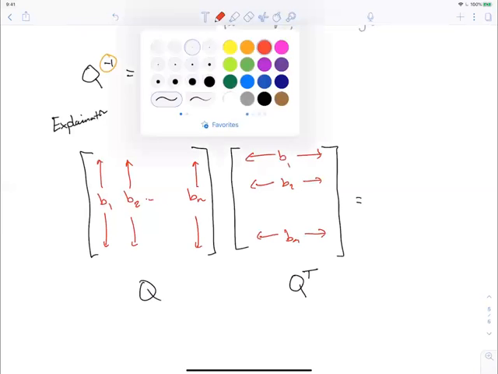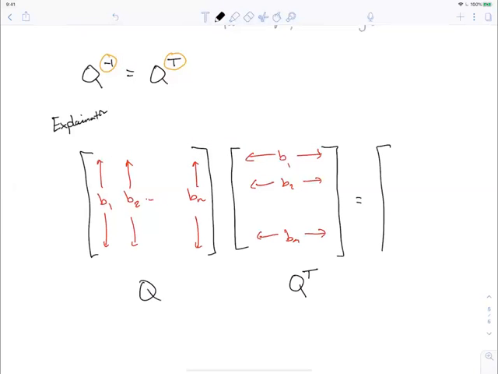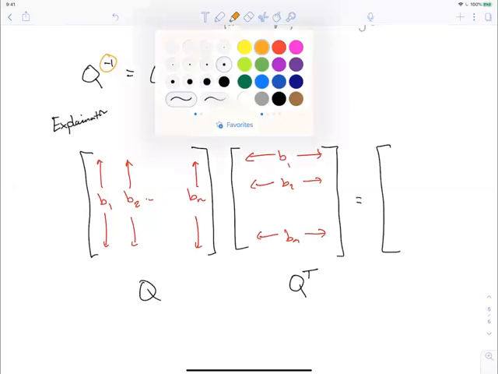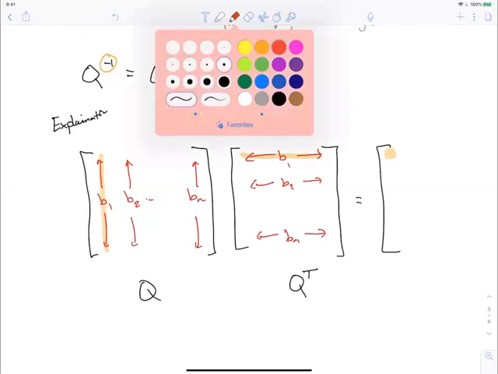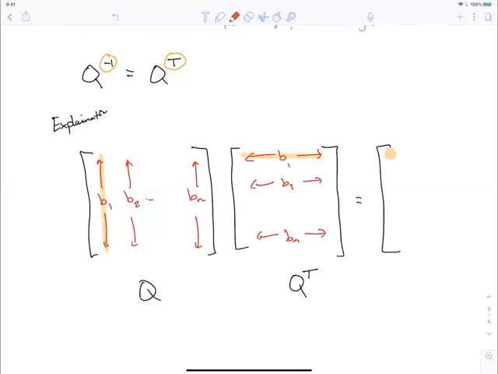All right, so now when we compute this, if we're on the diagonal here, we're going to dot those. So that's just the dot product between a vector with itself.